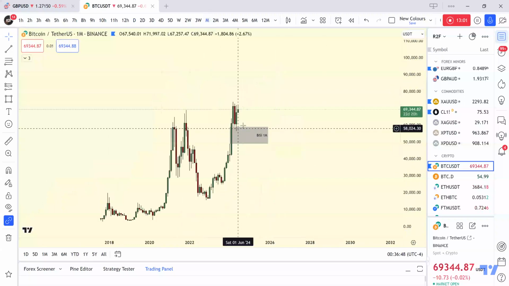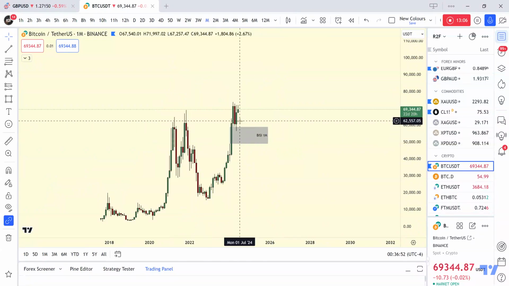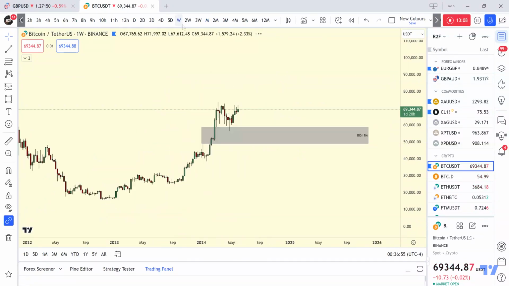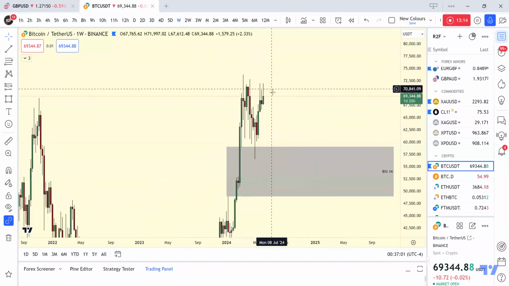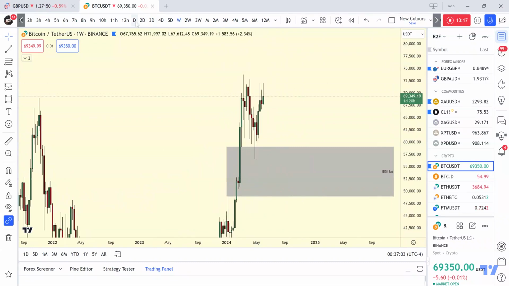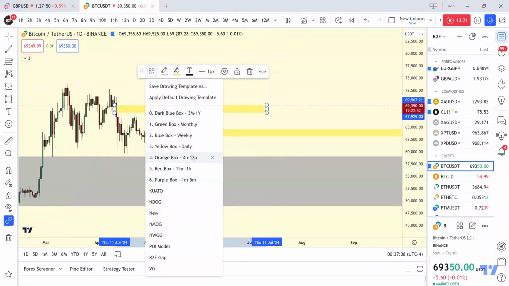Bitcoin, yep, on the monthly, came into here also. No, not inversion, but the monthly gap, and it looks like it's expanding higher. On the weekly as well. Chop, chop, chop, chop. Came all the way up. So we got daily gaps here.